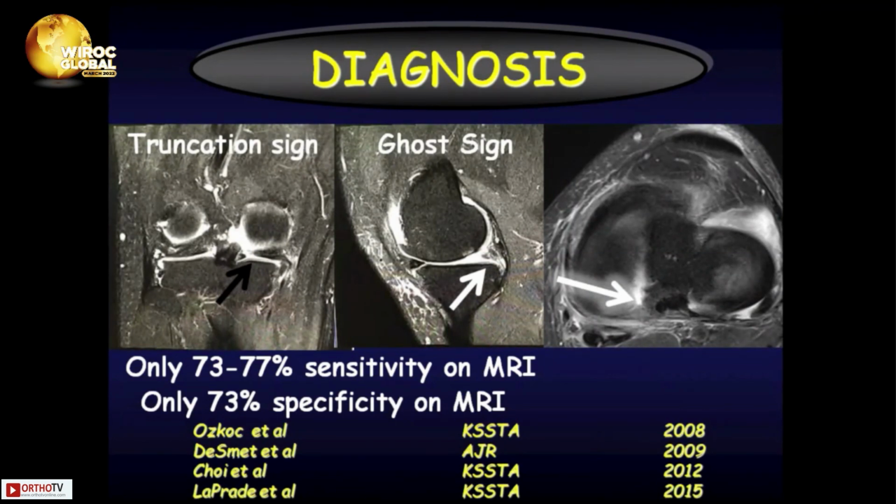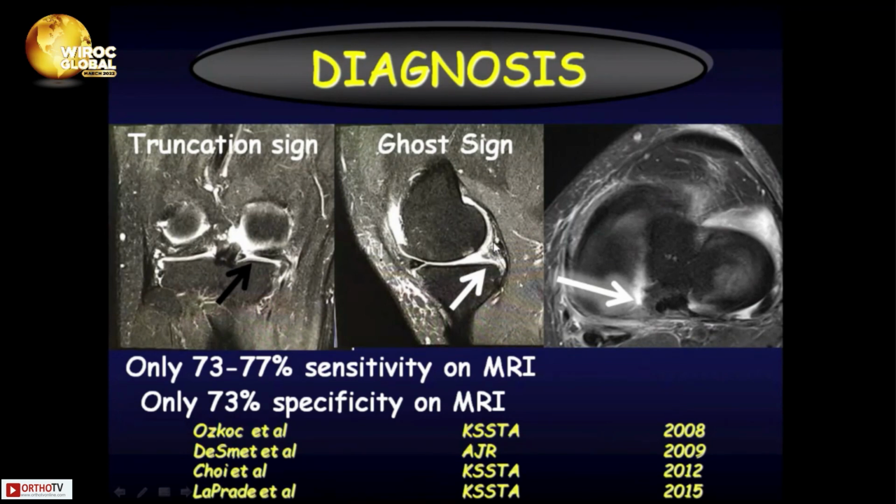Some years ago, the sensitivity and specificity of the MRI was not so clear, but if we combine the axial views, the coronal views, and the sagittal views, we will find three signs. First, the truncation sign: there's a gap between the body of the meniscus and the root in the axial view.